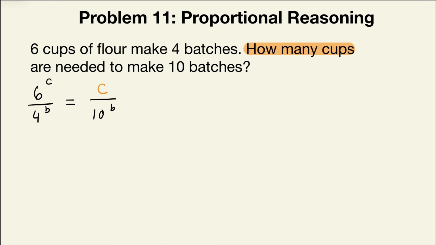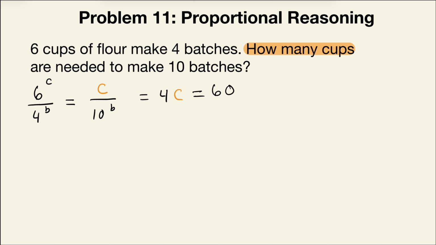All right, and so now all we have to do is cross multiply. So we see here we have 4 times c, which equals 4c, and that is equal to 6 times 10, which is 60.